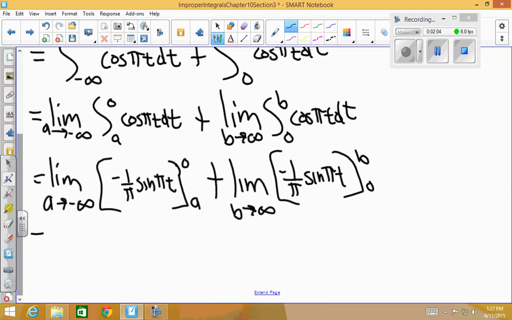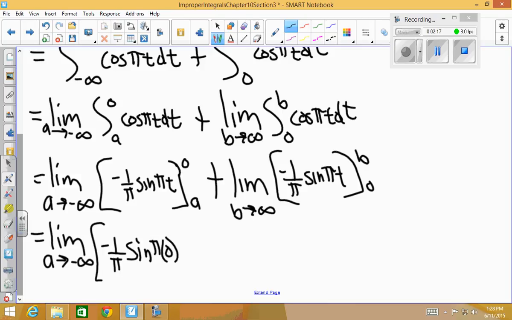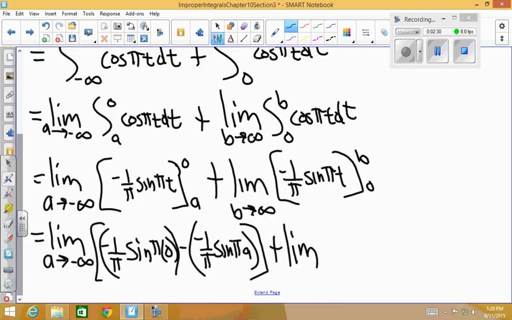In evaluating, we put in the upper limit of integration first. So we'd have negative 1 over pi sine of pi times 0 minus negative 1 over pi sine of pi times a, plus the limit as b goes to infinity, negative 1 over pi.